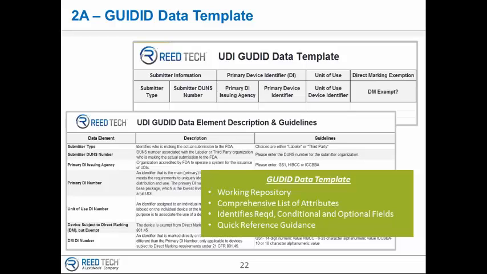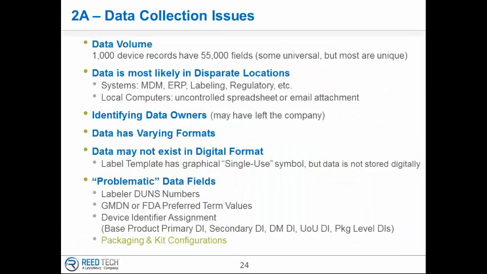Slides showing some data collection issues that we've encountered and would like to share. Just to kind of set the universe of data here, if you have 1,000 device records, so assuming 1,000 device identifiers, and each record is 55 fields, we're talking about gathering 55,000 fields of data.